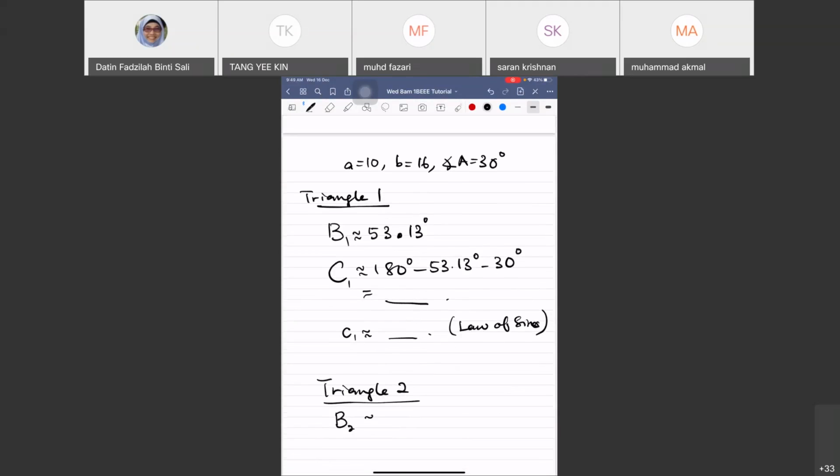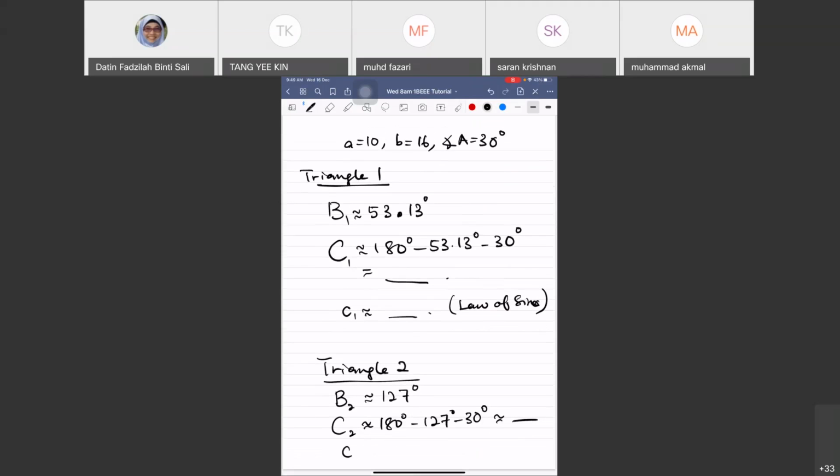Then your C2, 180 degrees minus 127 minus 30, so you get another one. And then c2, using the law of sine. That way I don't have to try to find your answer.